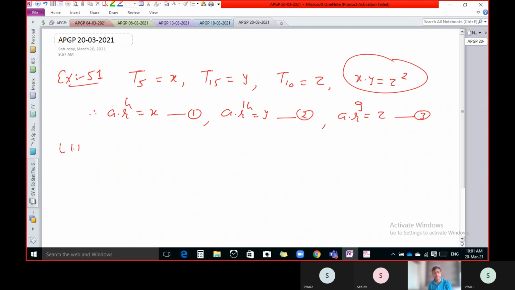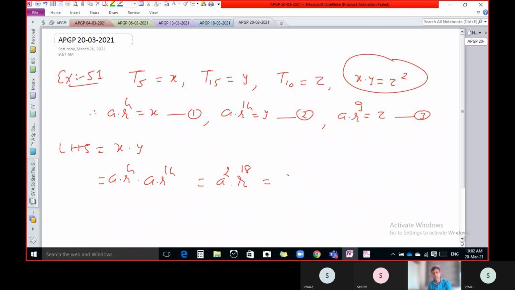So let us start with the left hand side. X into Y. X means a into r raised to 4, Y is a into r raised to 14. So we get a into a, which is a square, and r raised to 18.